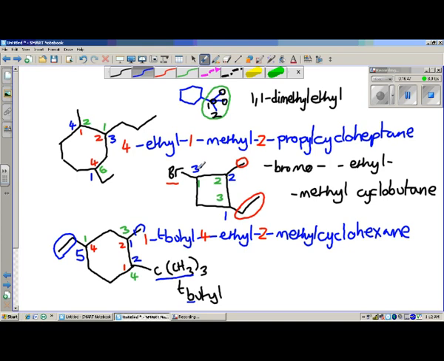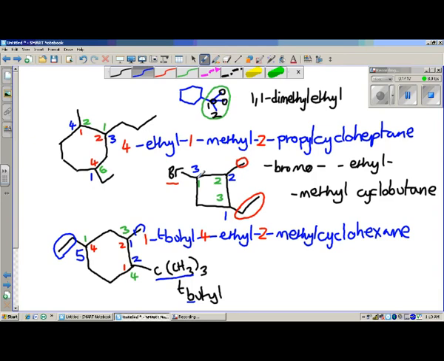Well, in this case, you can see that whichever way we go, we actually get the same total of our substituents. And when that's the case, we fall back on our previous rule that says we give the substituent with the name that comes first alphabetically the lowest number, and number everything else accordingly.